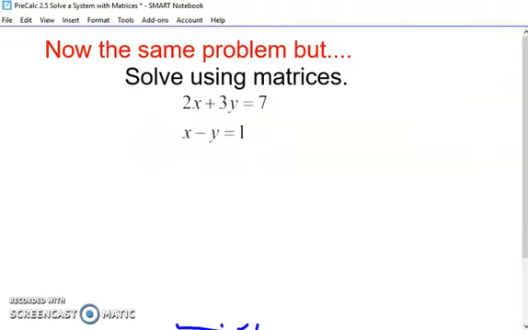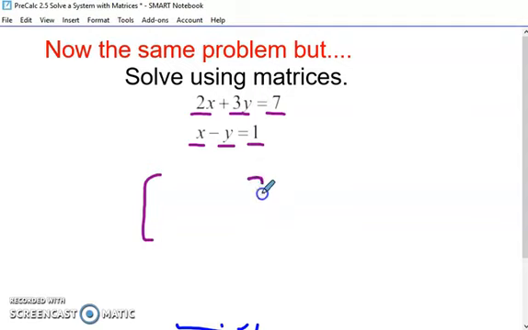We're going to do the same problem using matrices. I would start out making sure that it's in standard form. This is in standard form because it's x, y equals a number. Same here. So I'm going to start by making my coefficient matrix, which I'll call A. Coefficient of x, coefficient of y.